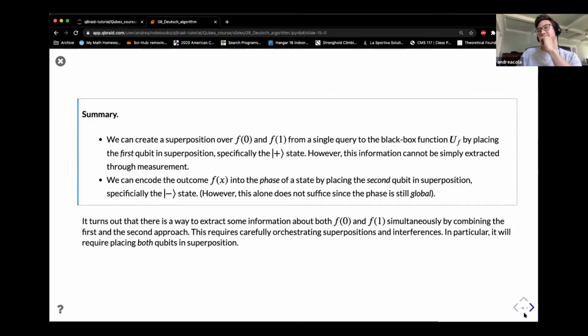And it turns out that extracting information about both f of 0 and f of 1 requires carefully orchestrating superposition and interference. In particular, as Loren was thinking initially, it will require placing both qubits in superposition, not just the first one, not just the second one.